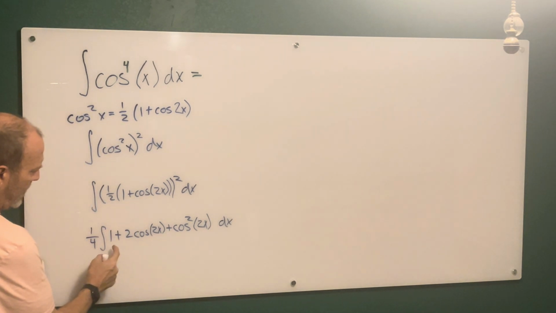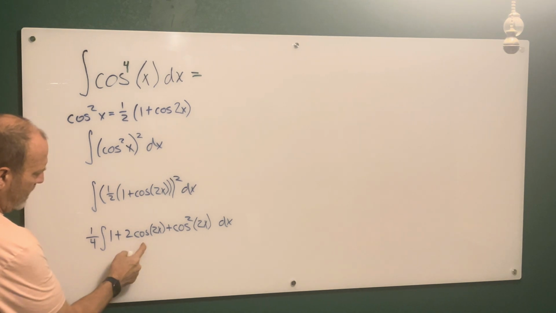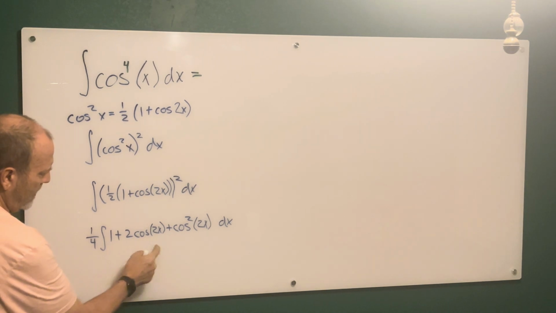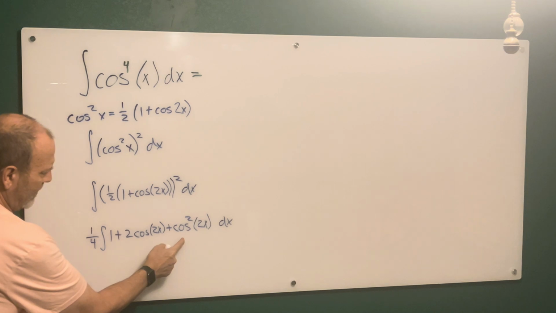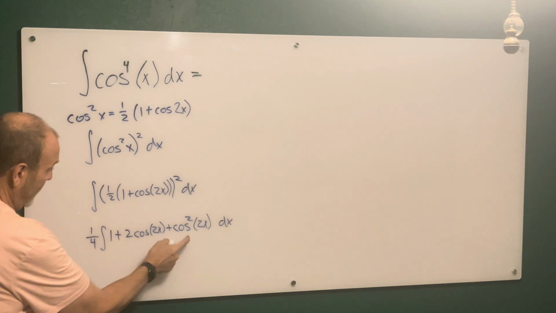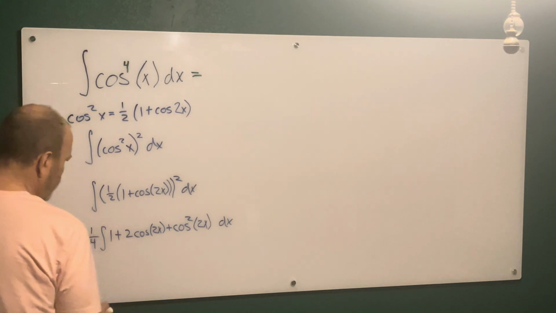Well, I know what this is, I can figure that one out, but I can't do anything with that cosine squared in this form anyway. So let's separate this out.